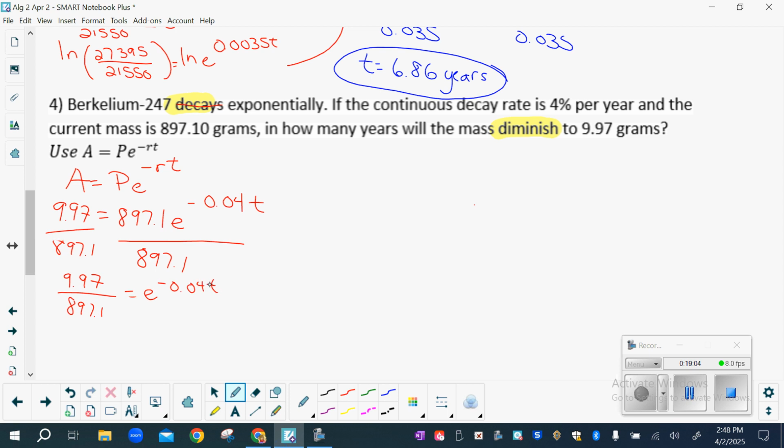So this group here, tell me what we would do next. Divide. How do you undo e? Good. You have to take the natural log of both sides.